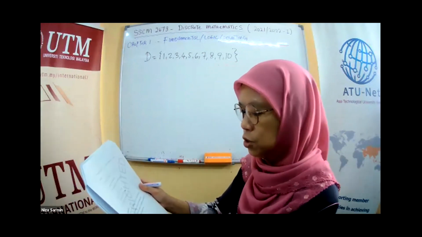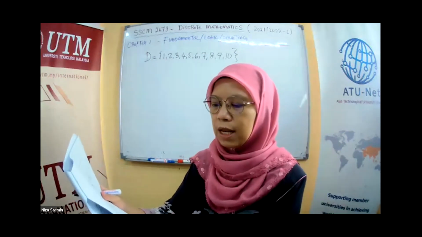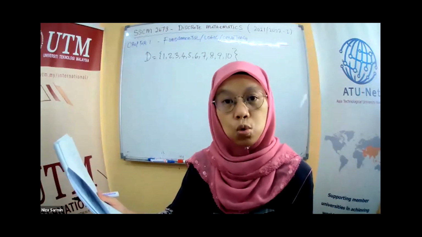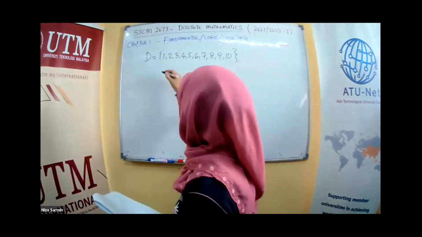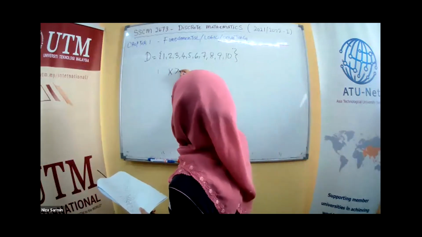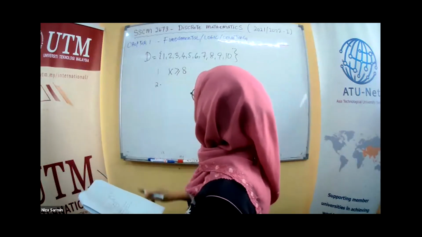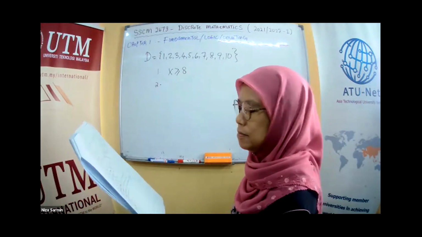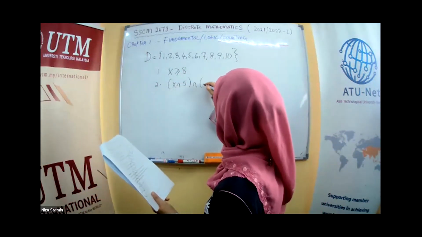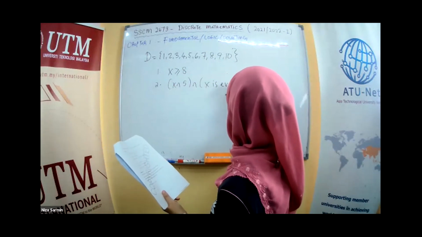Okay, so for this one, we want to make a list of members of D that makes the statement true. So the first one is very easy. X bigger or equal to 8. X bigger or equal to 5, and X is even.